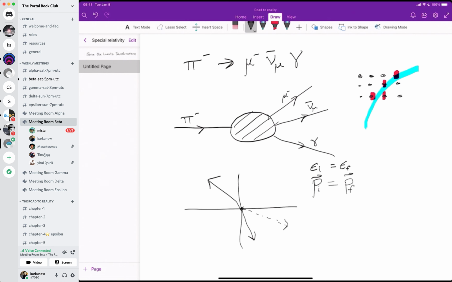Since it's not charged, it's moving very quickly, and it basically interacts only through the weak interaction, which we haven't talked about too much, but effectively it doesn't interact with much, is probably the best way to say it.